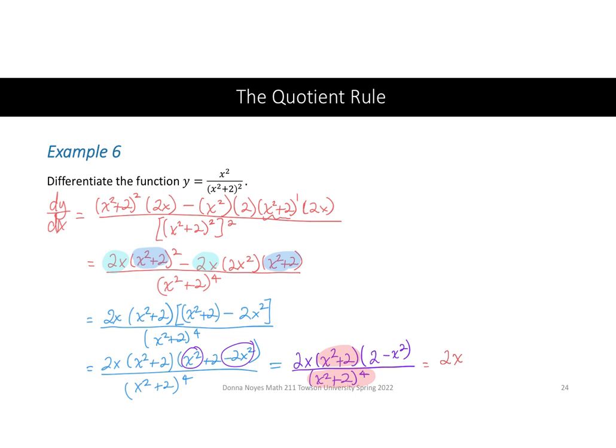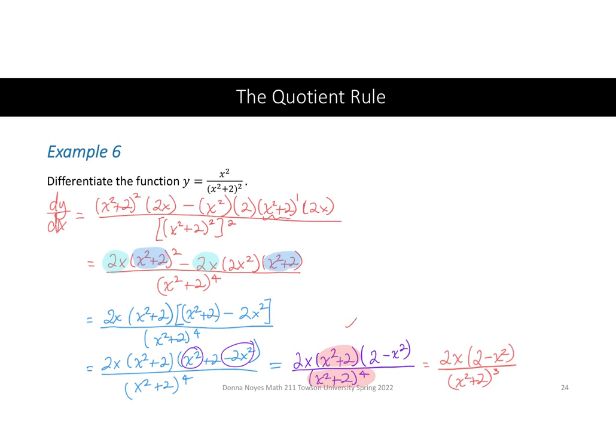So I'm left with 2x times 2 minus x squared on the top, and only x squared plus 2 to the third on the bottom. And again, that's because I have 1 here and I have 4 on the bottom.